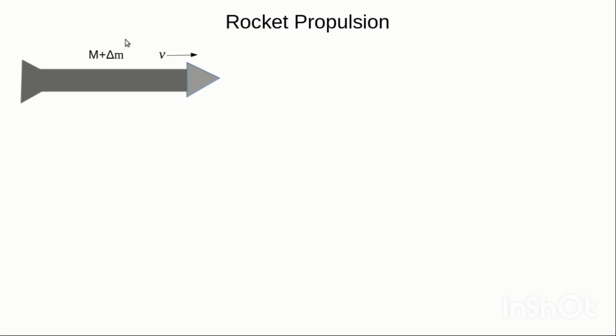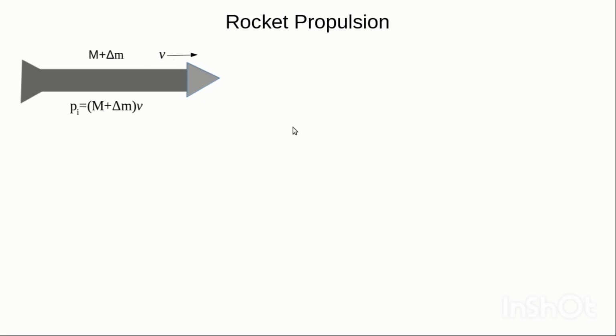Then the momentum of this particular rocket at this point in time, where we are starting our assumption from, gives us Pi, which is the initial momentum, the change in mass plus m times this v. So let's now consider another instance where the engine is switched on, probably to increase the speed.